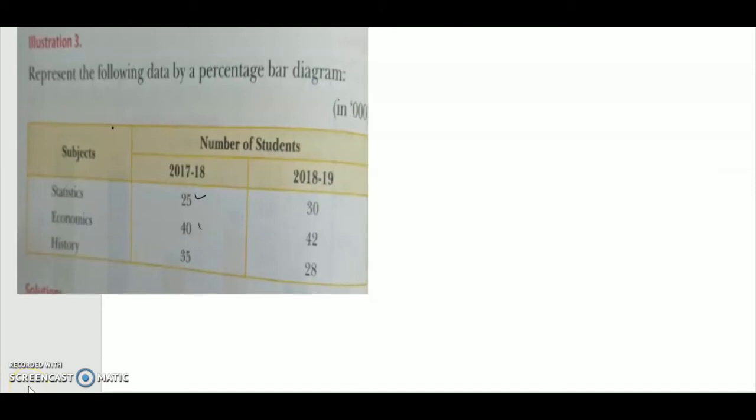And in economics the number of students in 17-18 is 40, and in 18-19 it is 42. Now all these terms, 25, 40, 35, are not in percentages, they are given in thousands. So the first step is to change all these numbers into percentage.